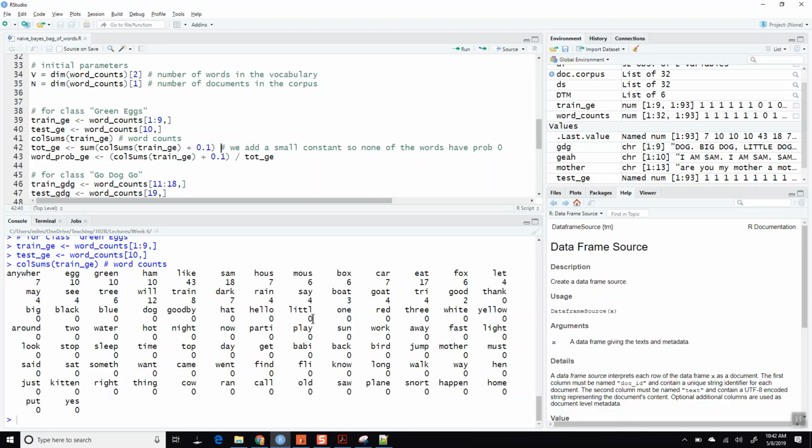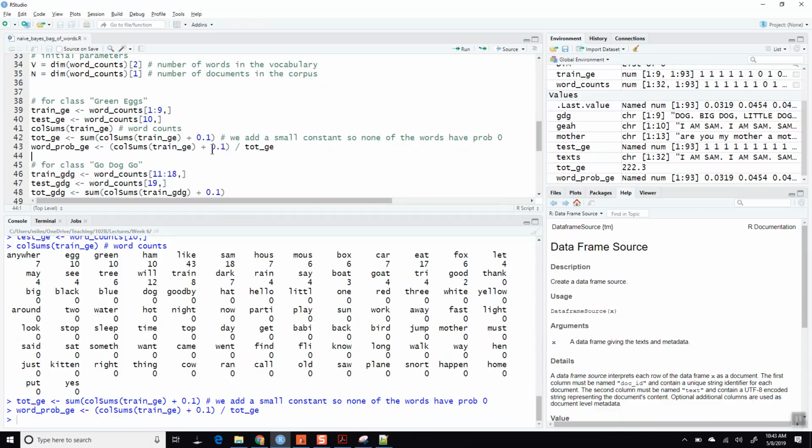It will have a 0 probability. So what I do is I'm just going to add a small constant, like 0.1 or something, so that none of these have 0 probabilities. And I just turn the whole thing into a vector that will basically sum up to 1.